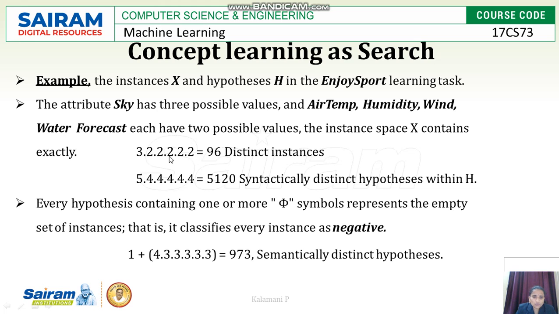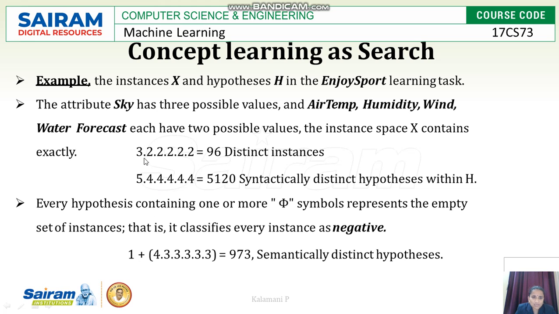So 3 × 2 × 2 × 2 × 2 × 2 equals 96 distinct instances, because the first attribute takes 3 possible values, and based on that we are finding the combinations. Then 5 × 4 × 4 × 4 × 4 × 4 equals 5120 syntactically distinct hypotheses within H. How did this 5 come?